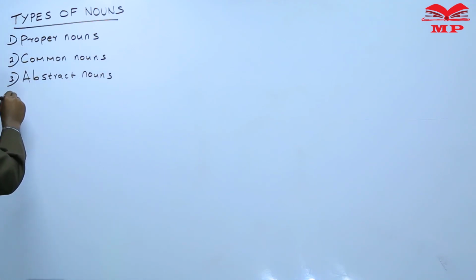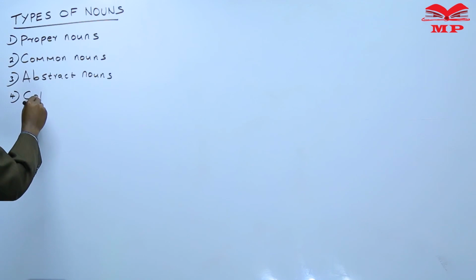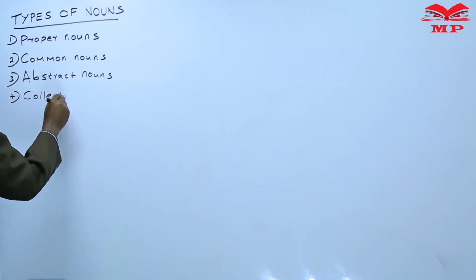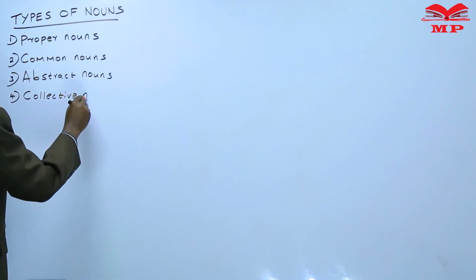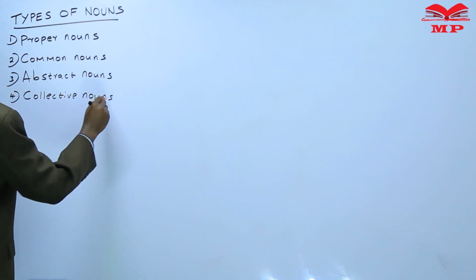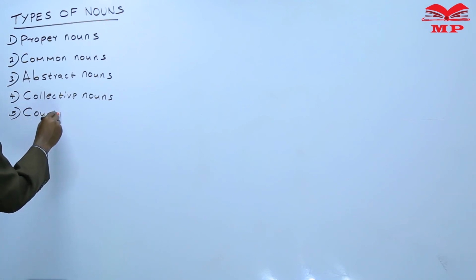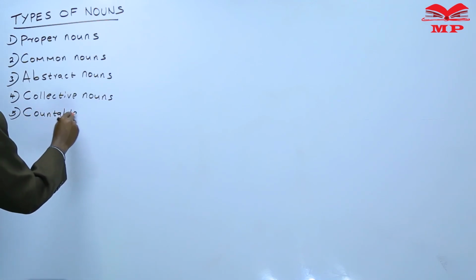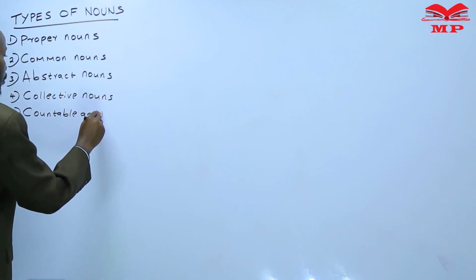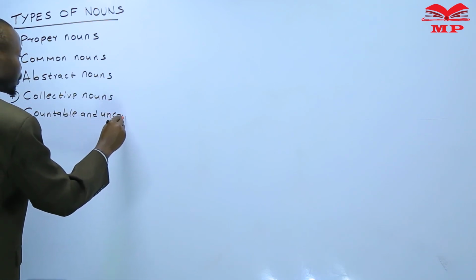The fourth are the collective nouns. And then lastly, the fifth one, we have countable and uncountable nouns.